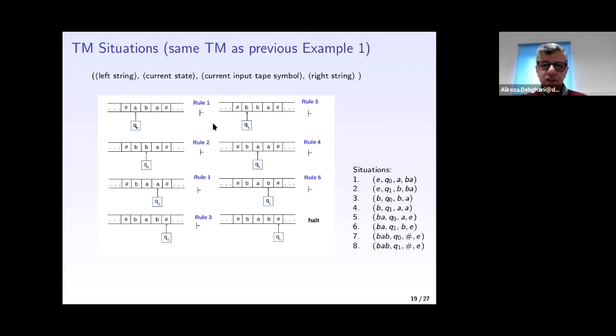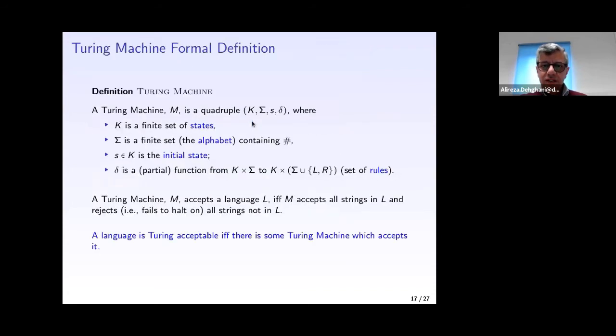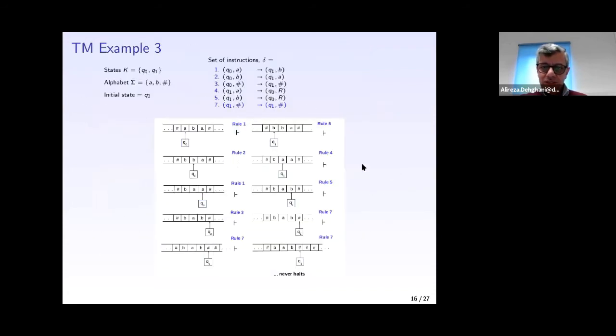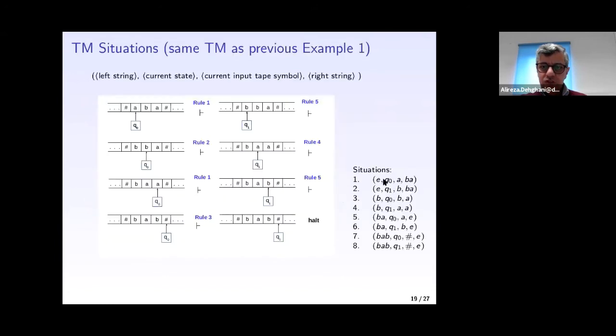What's the situation of the next one? Left could again be empty, I'm in state Q1, the head is B, and I have BA on the right side. And when I'm going here, left side is B, I'm in Q0, I see B, and the right side is only A. So if you want to analyze the machine like that, you don't necessarily need to plot all these; you can just write the iterations, and the situation will tell you the whole story, what will happen exactly.